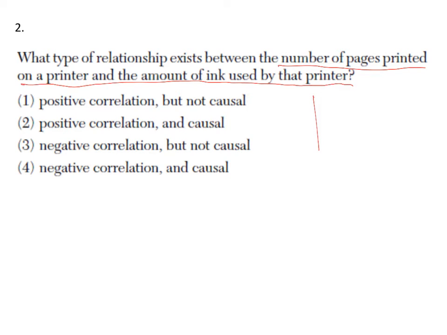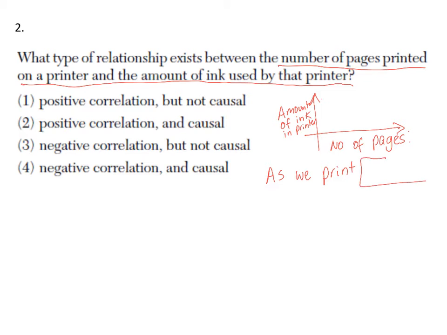So could we say that amount of ink and number of pages, amount of ink in printer, the number of pages. What can we say about this? As you keep printing, as we print, so that means number of pages is increasing, right?